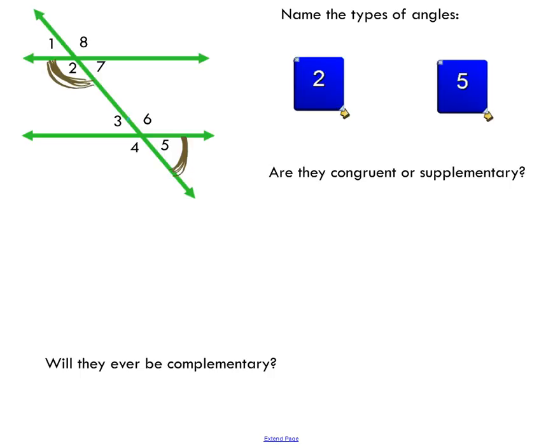So they can't be congruent. That's not a choice this time, so they must be supplementary. That means they add up to 180, which makes sense because I know 5 is the same as 7, and if I put 2 and 7 together, that makes a straight line. It doesn't really matter that it's 5 instead of 7. They're still supplementary, so they add up to 180 degrees.